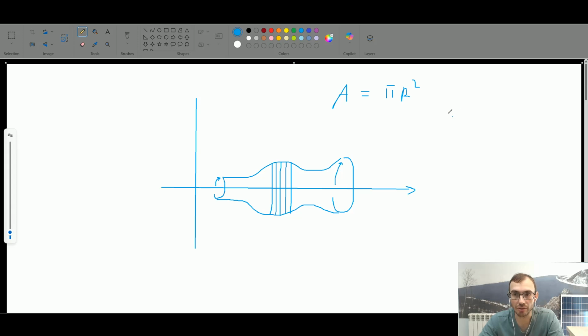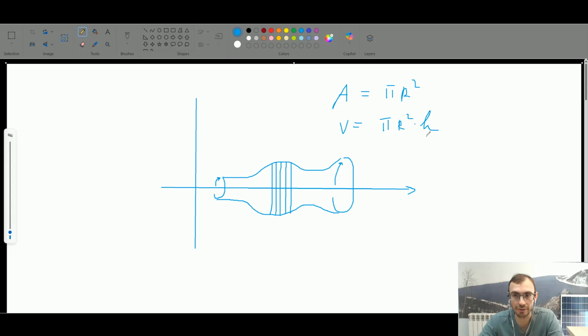So the volume of each cylinder will be calculated by the formula pi r squared times h, where h is the height of that cylinder.